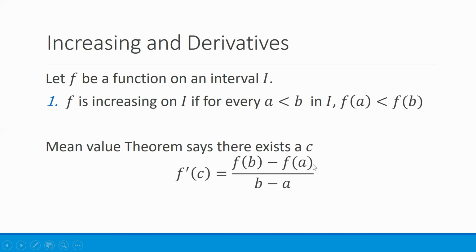Therefore, the derivative is going to be a positive number divided by another positive number, so the derivative is going to have to be positive. Because we can do that for any b and any a we choose, it turns out that the derivative is going to be positive anytime we have an increasing function.